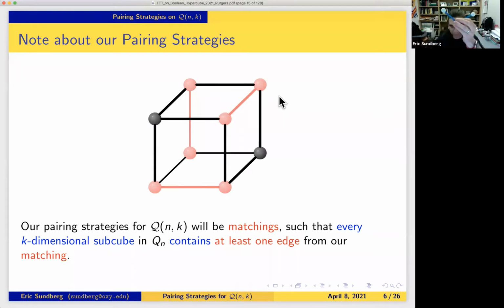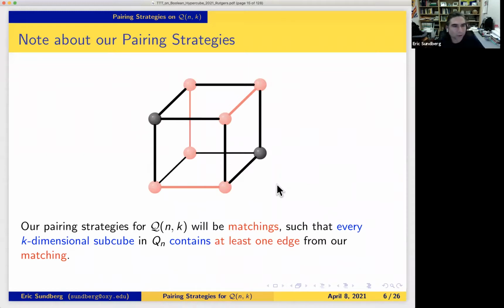If they actually share a vertex and the first player goes in that shared vertex, I know I'm covering it up with my finger here, but if the first player goes in that shared vertex right there, then the second player doesn't know: do I respond with this one or that one? But if it's a matching, then it's very clear. And in general, pairing strategies are described as a disjoint set of pairs of vertices. The pairs have to be disjoint from each other. So we need a matching for our pairing strategy.